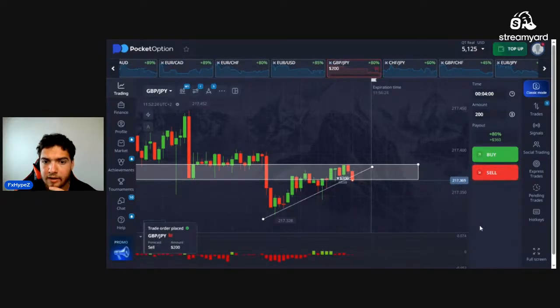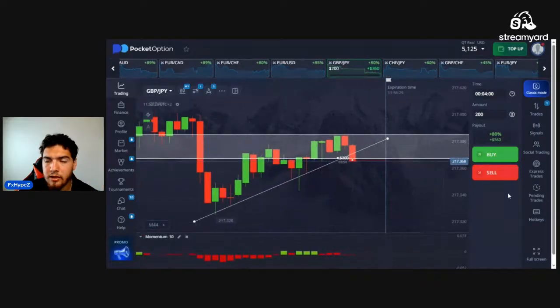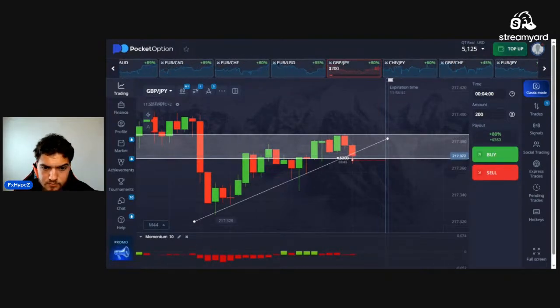So I'm going to lock in a 4-minute sell position, and this will be the final trade that we're going to take. 4-minute sell position, aggressive entry, but yeah, with the way that things are looking here, I'm going to take it. We also filled that fair value gap as well, which I'm pretty happy with, so to say.